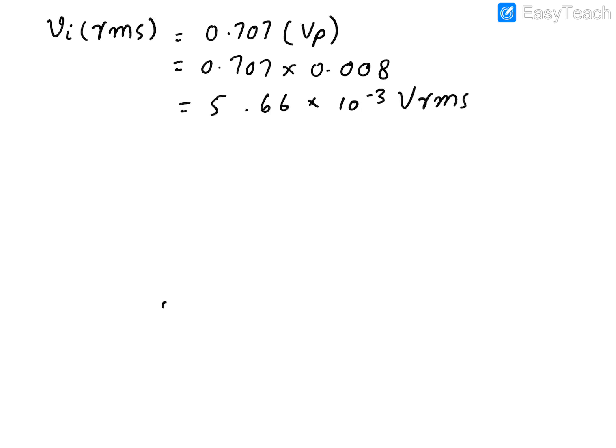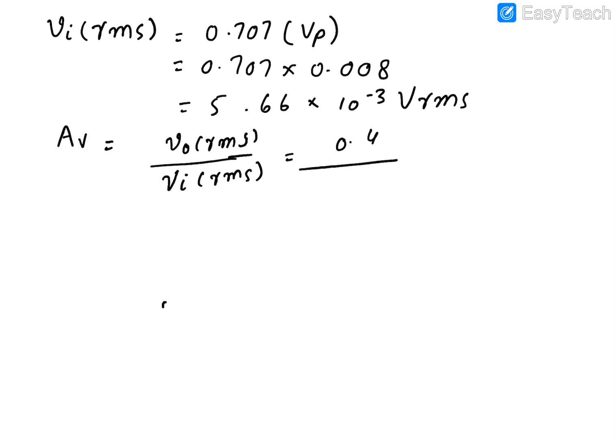Okay, so now the voltage gain will be simply equal to V naught RMS to V I, 0.4 divided by 5.66 into 10 raised to the power minus 3, that is equal to 70.7. So this is the voltage gain for this circuit.